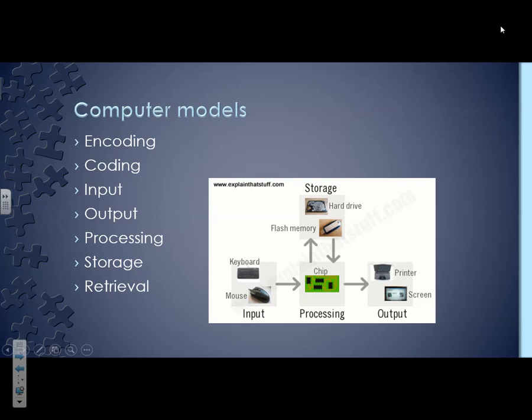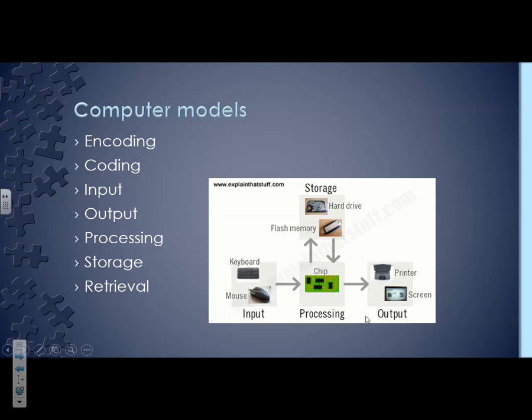If you recognise those terms from when you've looked at the multi-store model, you can see some of the terminology, the crossover between humans and computers. You've got encoding, coding, input, output, process, storage, retrieval, and they're all terms we use interchangeably in the cognitive approach between humans and computers.